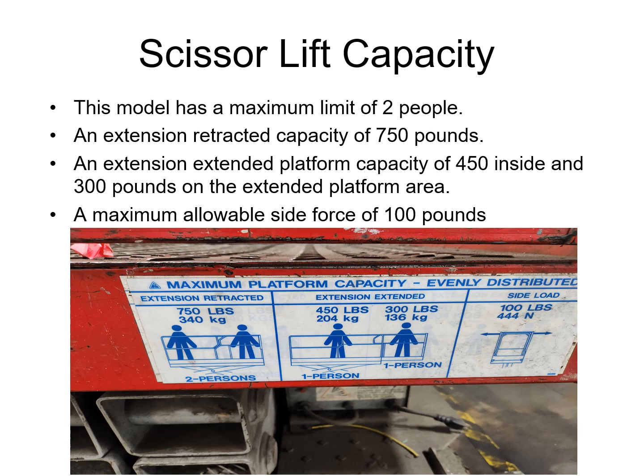And the display shows the picture to the left, 2 persons, extension retracted. When the extension is extended, the inside is 450 pounds, the outside is 300 pounds, and then the last illustration is 100 pounds for side load force.